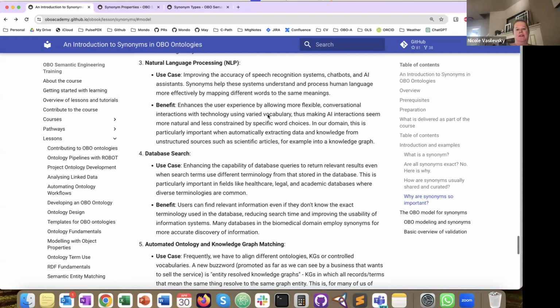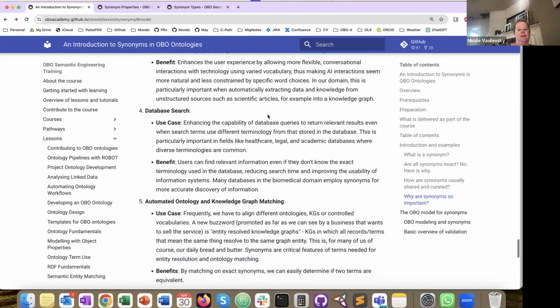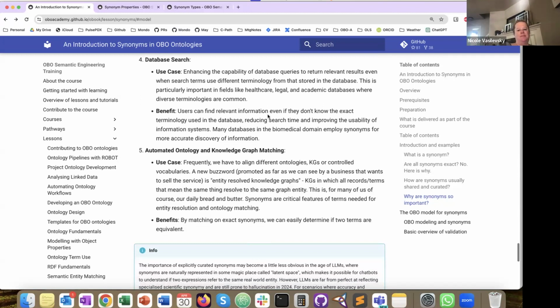Also, I think we've heard in some of these calls use cases using natural language processing or text mining. Having synonyms is critically important for this. If you want to match on specific terminology in the literature or elsewhere, having the synonyms added to the terms helps recognize concepts that are published in the literature or elsewhere. Also, for database search, synonyms are very important to return the relevant results that are stored in a database, particularly in fields like healthcare, legal, and academic databases where diverse terminologies are really common.